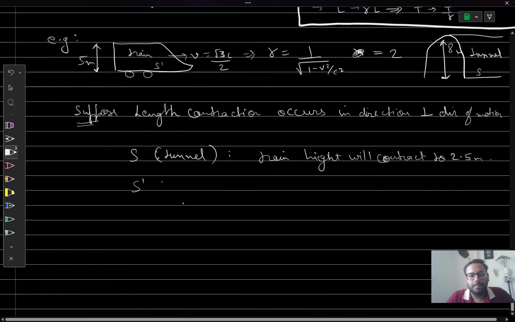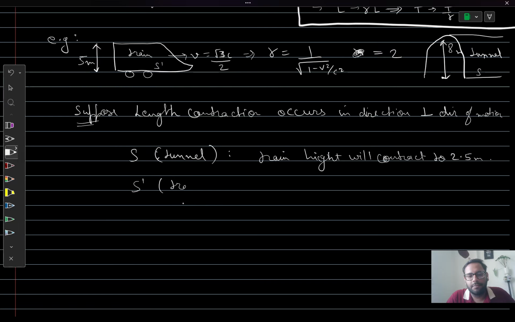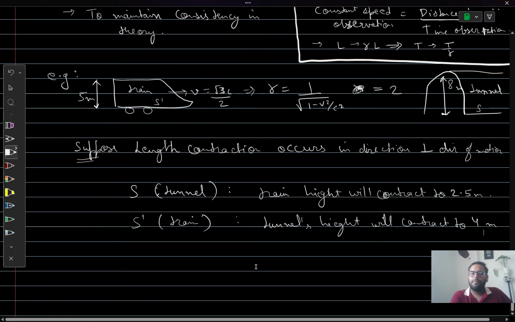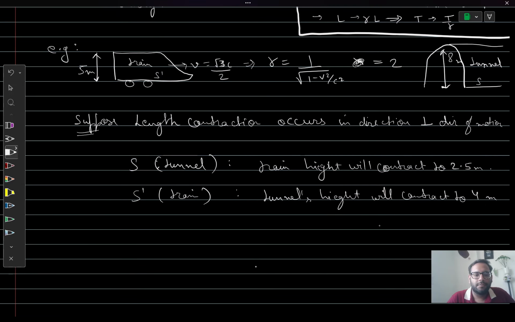But in the S prime frame, that is the train frame, you will see that the tunnel's height will contract to 4 meters, and you see that physics is inconsistent.